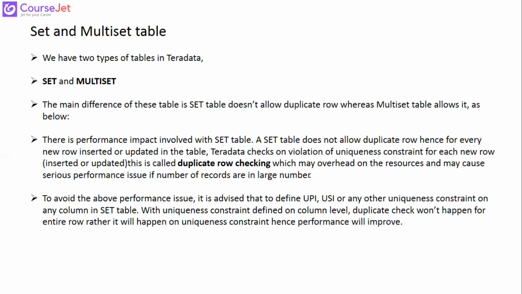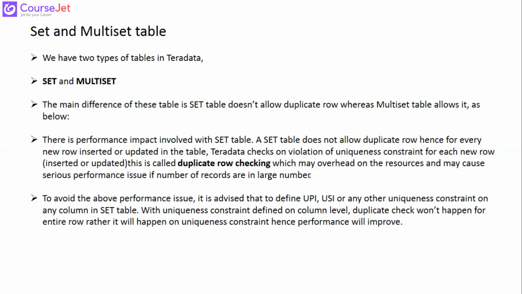I didn't get this. Okay, you are saying employee ID? Let's consider the employee table where employee ID, employee first name, employee last name and department are there. So we create a multiset table. You can create a set table, but in this case our employee ID will be the unique column, right? Yes, correct.